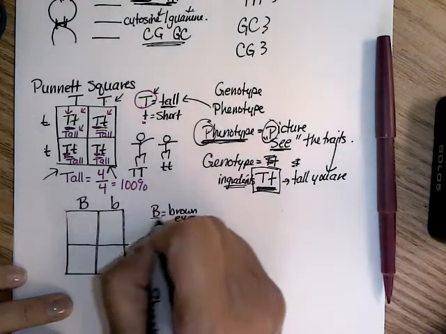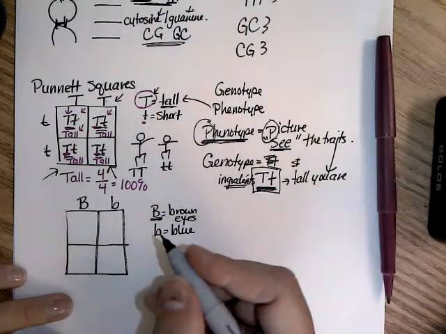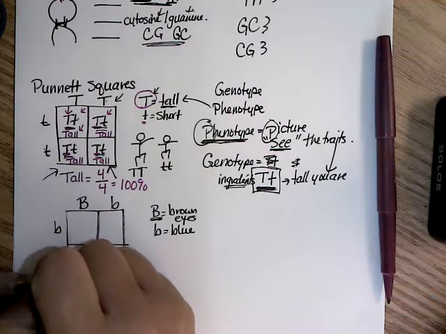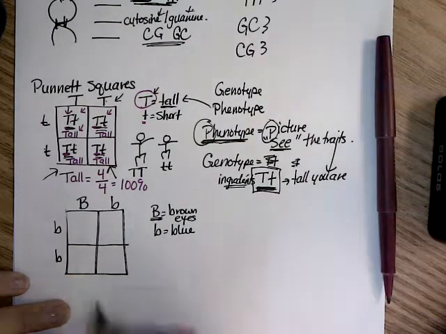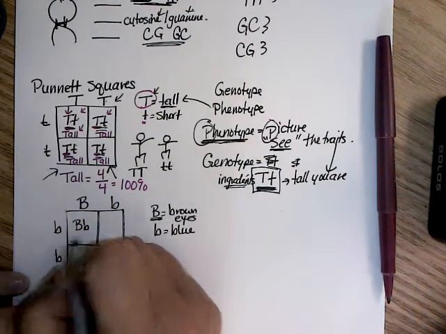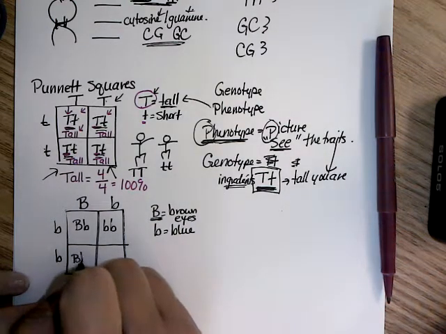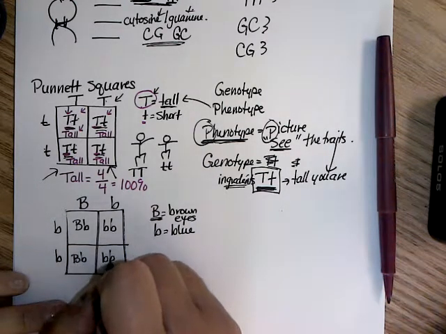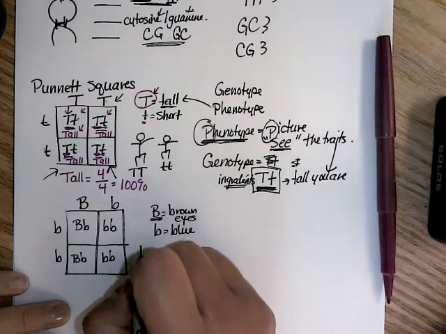Now remember, brown is dominant. It will show up. And let's say somebody has blue eyes. Little b, little b. And let's cross them. Big B, little b. I'm just taking these 2 letters and combining them. Little b, little b. Big B, little b. Little b, little b.